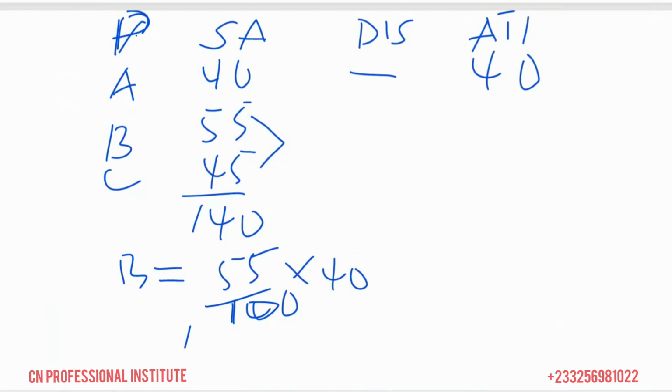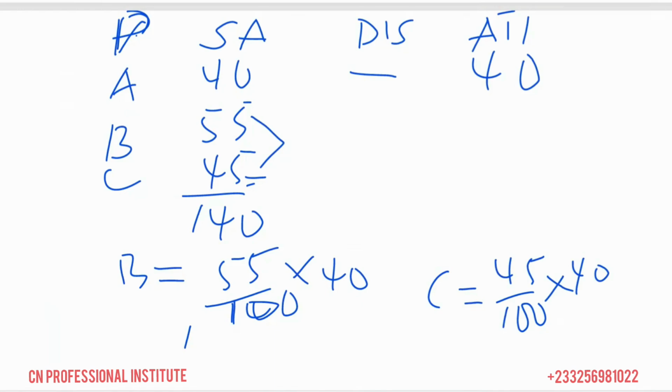That's how we are going to share. That's what B will take. And C will take 45 divided by 100, the sum of the standalone prices, times 40.